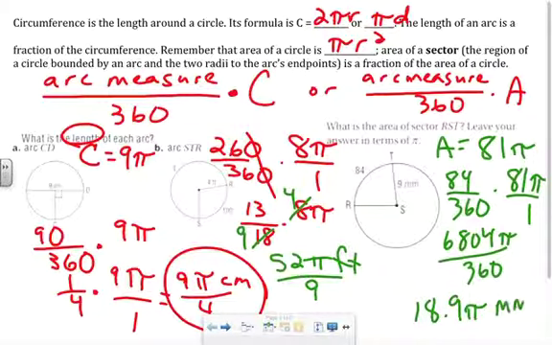Tack on the pi. Square millimeters. Okay, but again, the main thing that I want to get across to you on this screen is if they ask you for the length of an arc, think of it just as a fraction of the circumference. If they ask you for the area of a sector, it's just a fraction of the area of the circle. Okay?